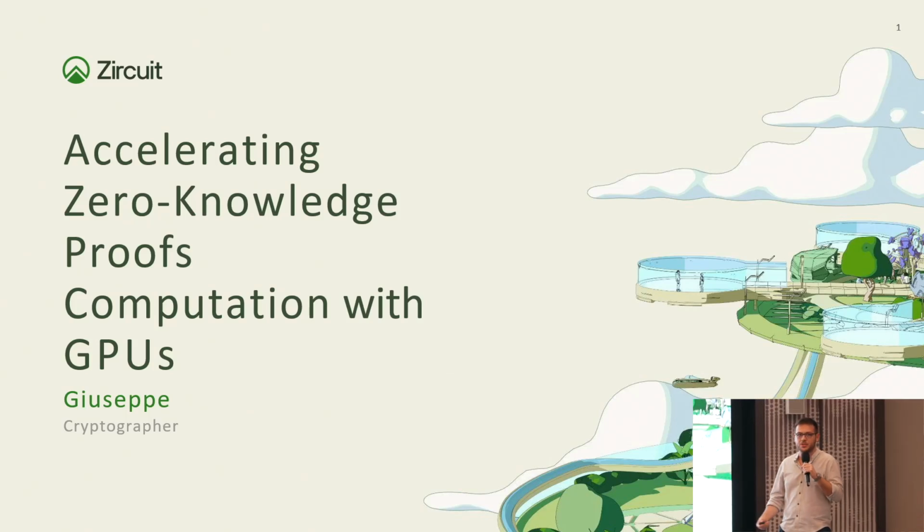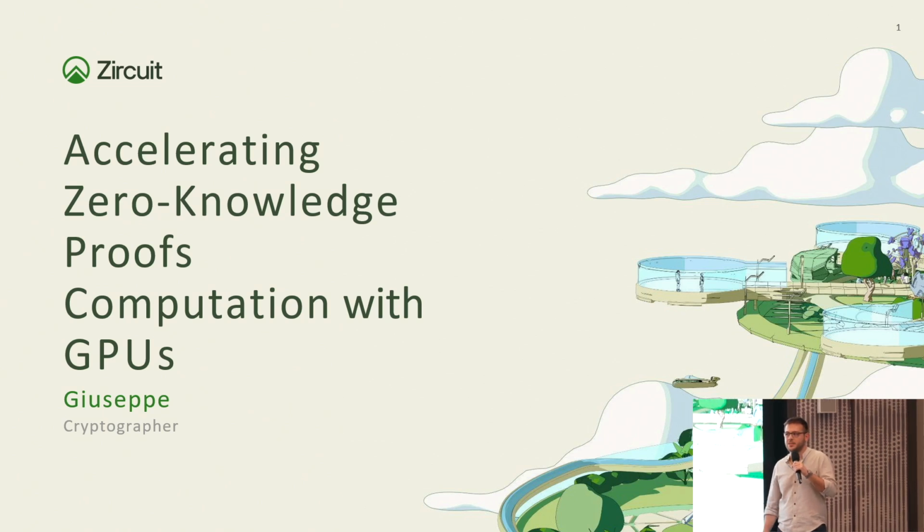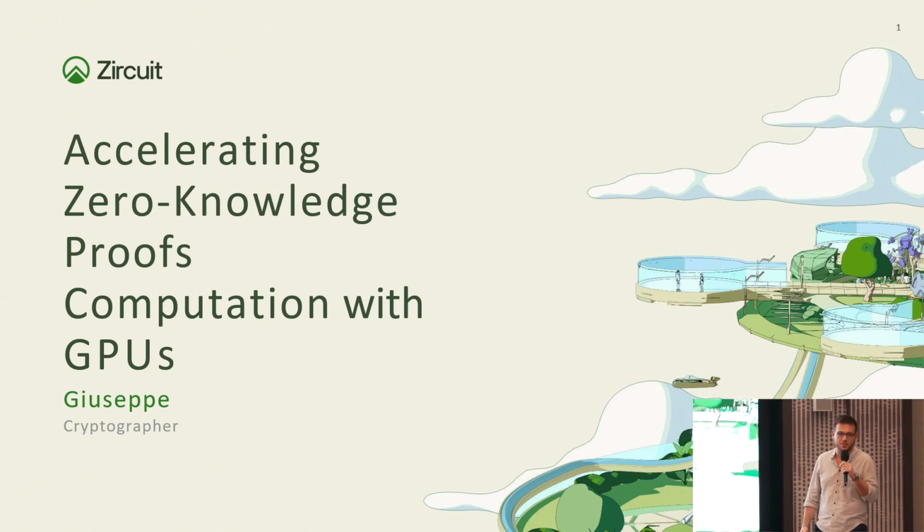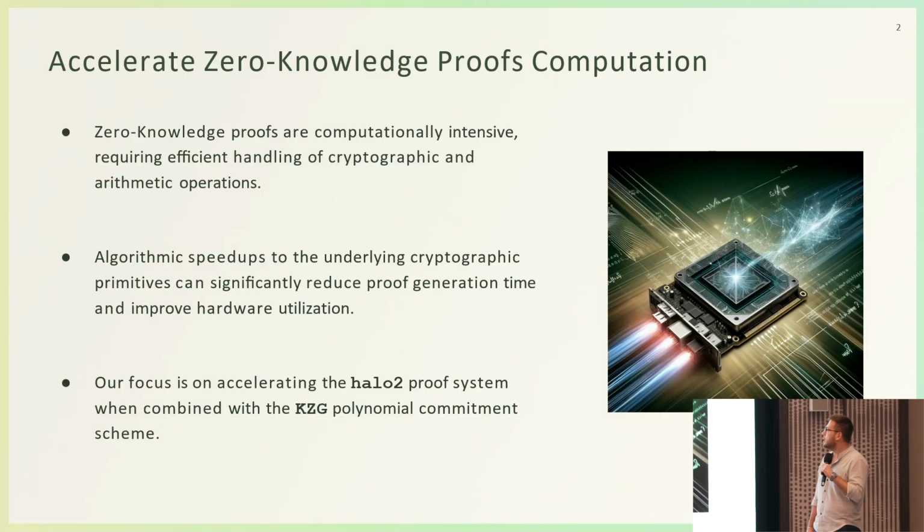And today I want to share with you our efforts on how we accelerated our prover using GPUs. It is well understood and well known that computing zero-knowledge proofs is an expensive task. And this, of course, has an impact on zero-knowledge proof adoption and usability by users.